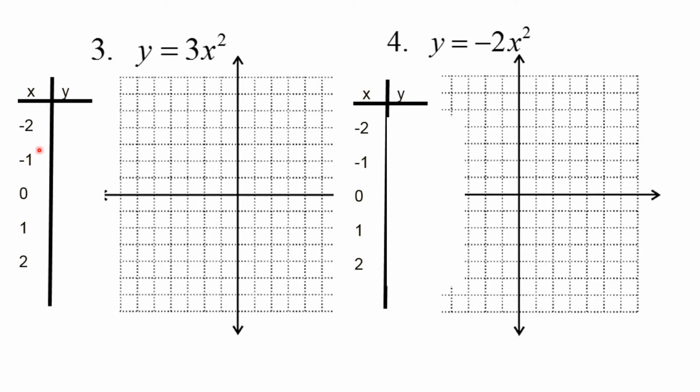Go ahead and plug in these x values. See what you get out for y. Do the same for these x values and see what you get out for y. And then I want you to graph it.